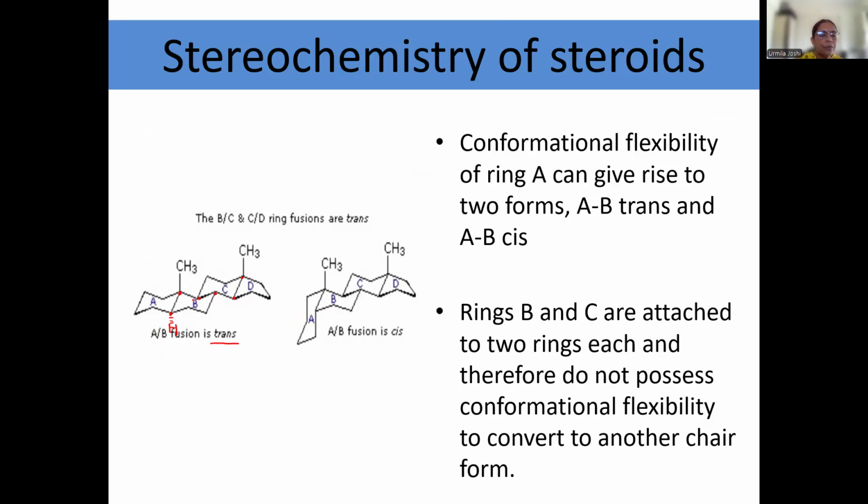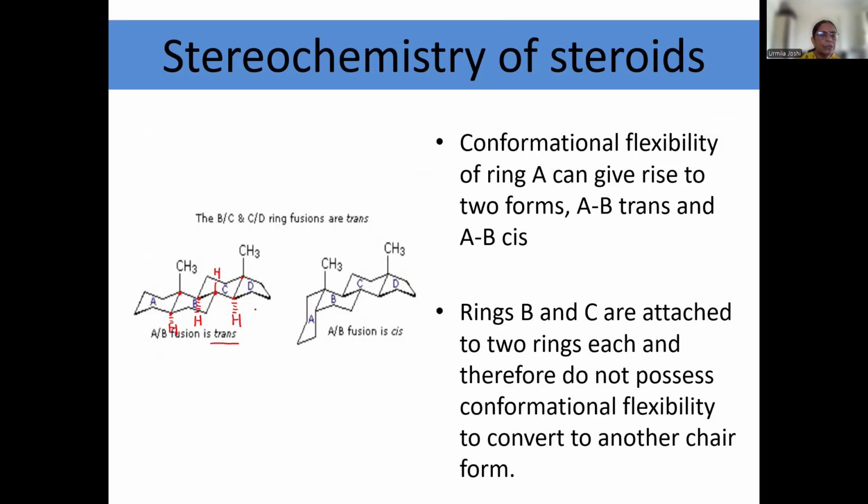Look at the BC fusion. This is the B and C junction carbons. At C, the hydrogen atom will be pointing upwards, whereas at B, the hydrogen atom is pointing downwards, and therefore the BC fusion is also trans. Look at the CD fusion.